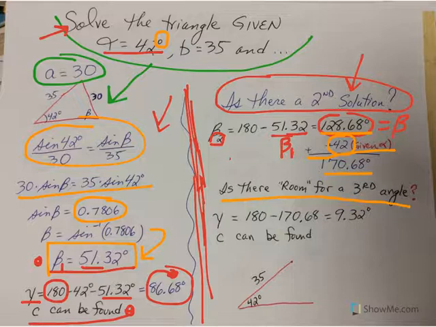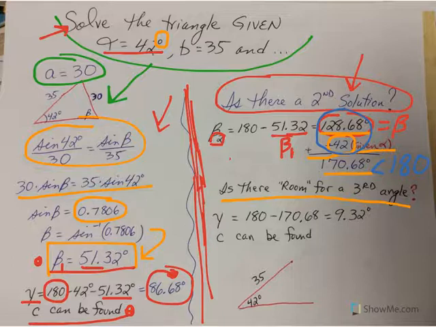What I mean by that is that in a triangle, all three angles have to add to 180, right? Well, these two angles alone add to 170.68. That is less than 180 degrees, which means, yes, there is room for a third angle. There's not a lot of room, but there is room for a third angle.